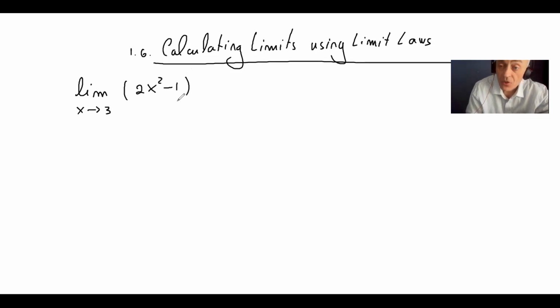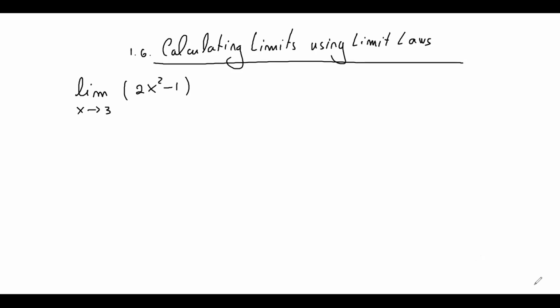Intuitively, I think everybody will agree that if we approach 3, from the left and from the right, if we give values of x that are very, very close to 3, what do you think is going to happen with the values of 2x squared minus 1?